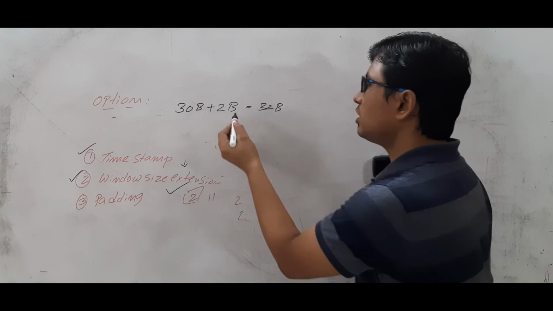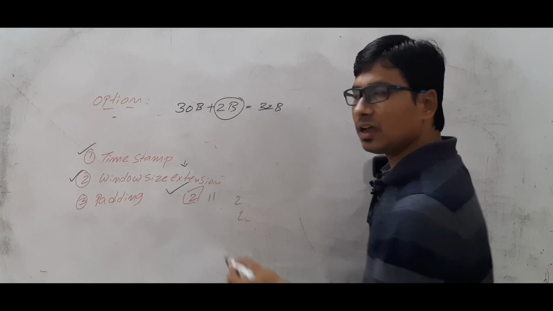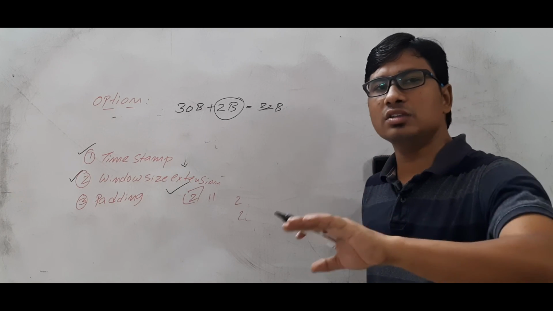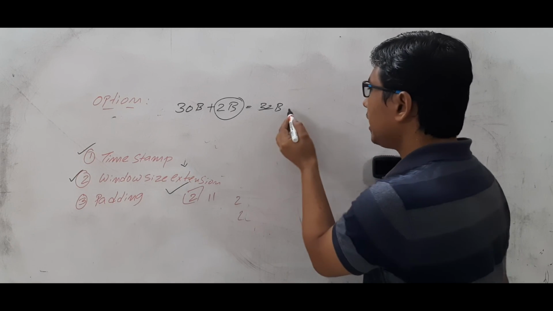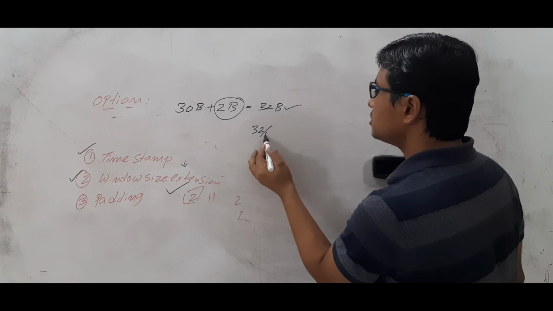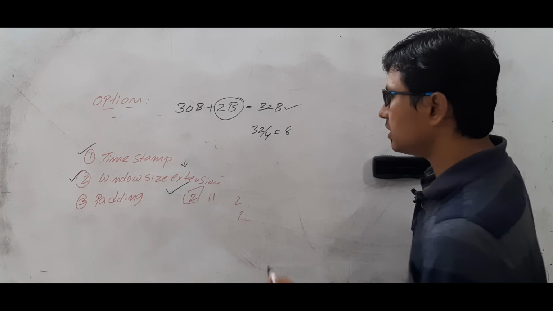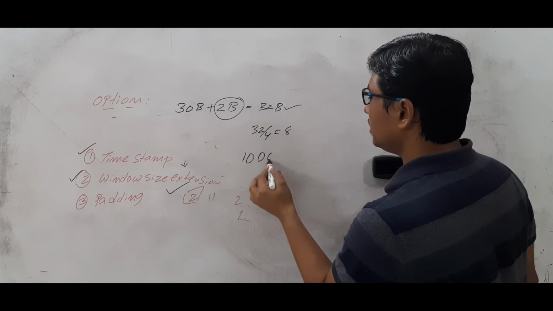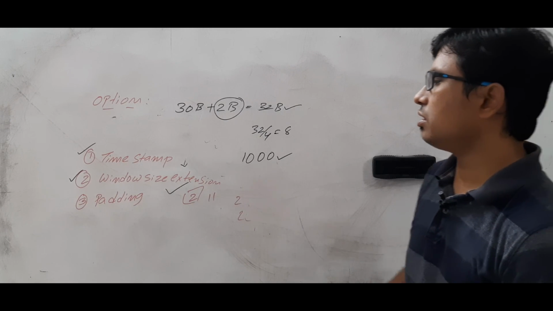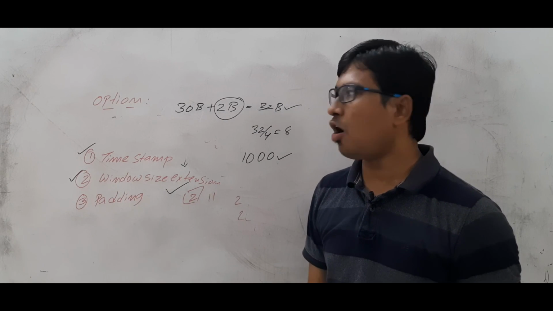So I take an extra 2 bytes from the options field and make them all zeros. Then the header length becomes 32 bytes. 32 divided by 4 is equal to 8. I will represent 8 in the header length field in 4 bits as 1000. So this is the use of padding in the options field.